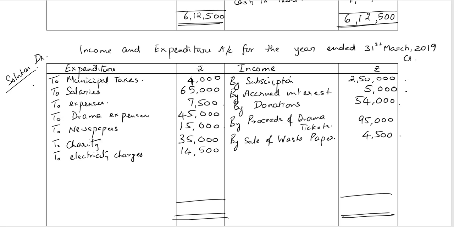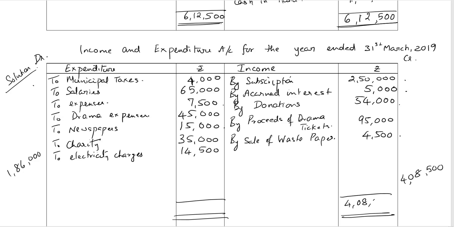We'll total up the income side first. The credit side totals to 4,08,500. And the debit side totals to 1,86,000 rupees.